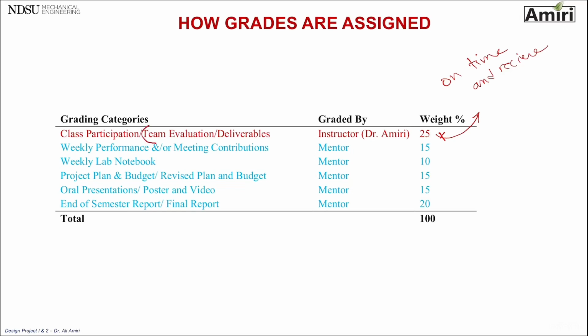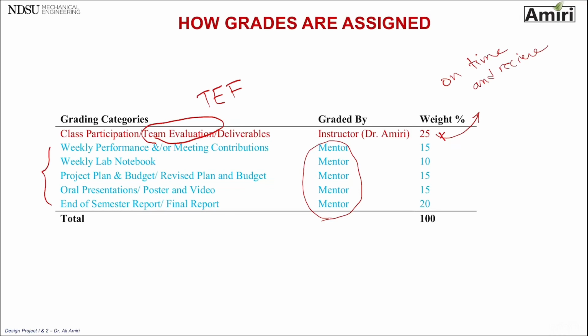Plus, there's a team evaluation form, which you're going to see in the table as TEF, where you guys grade each other. That I will also multiply by that 25% of the grade that you will get from me. Everything else is done by your mentor. So your reports, budget, your notebook, your presentation, your poster, everything that you do will be graded by your mentor.